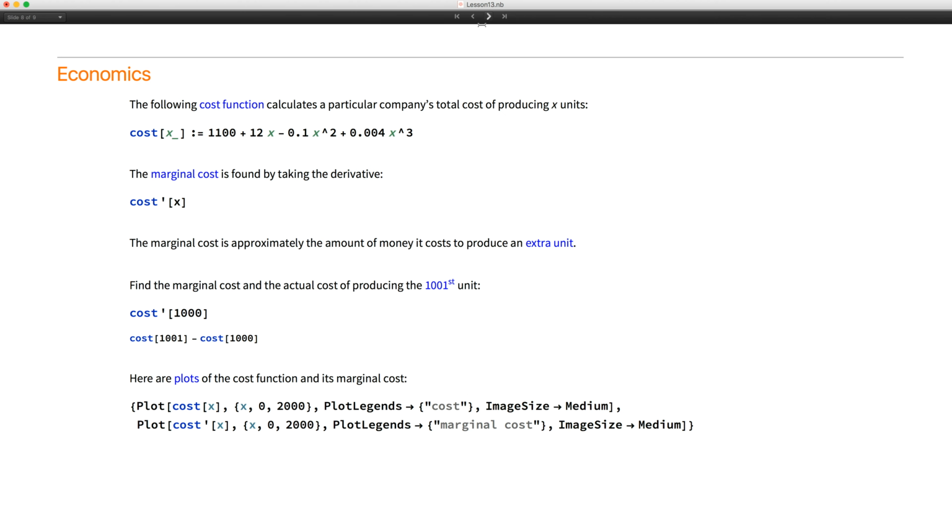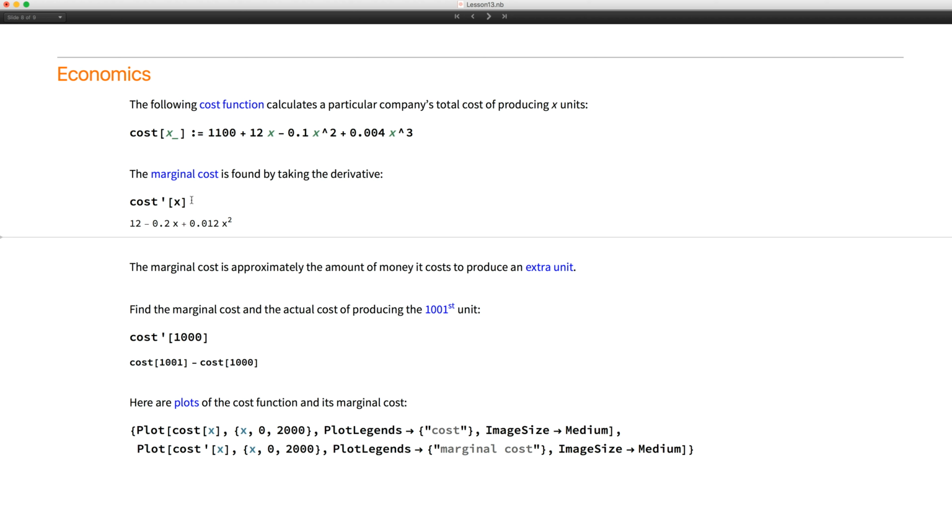Okay, so finally, let's go on to economics. So in economics, one talks about the cost function. So let's say a company might talk about its cost function, which is the total cost of producing x units. So here's the cost function in a particular case. Now, if you find the derivative of the cost function, then that's what is called the marginal cost.